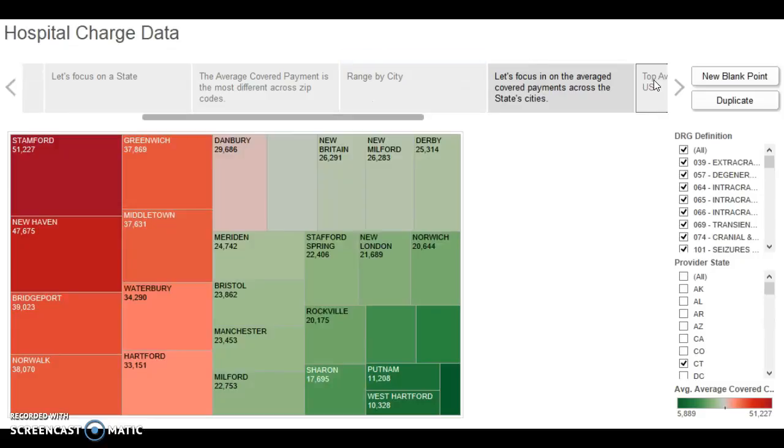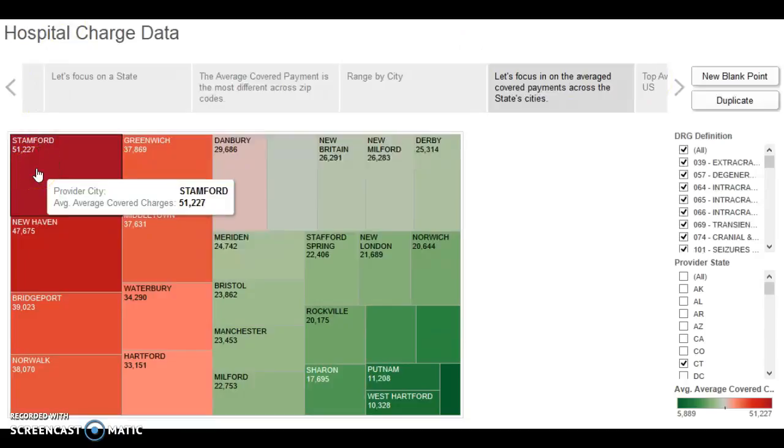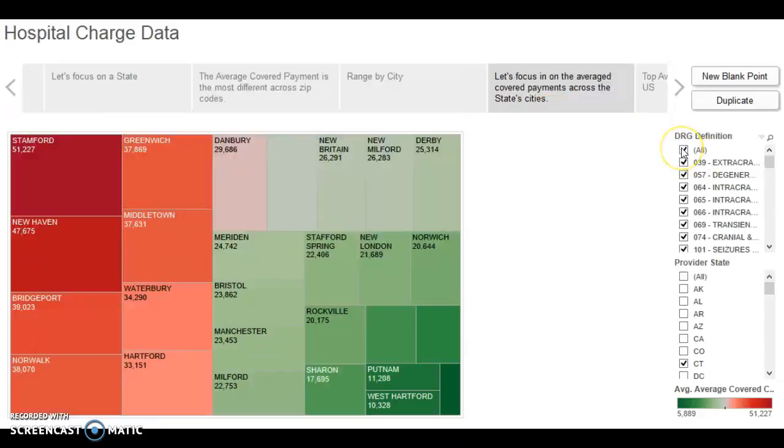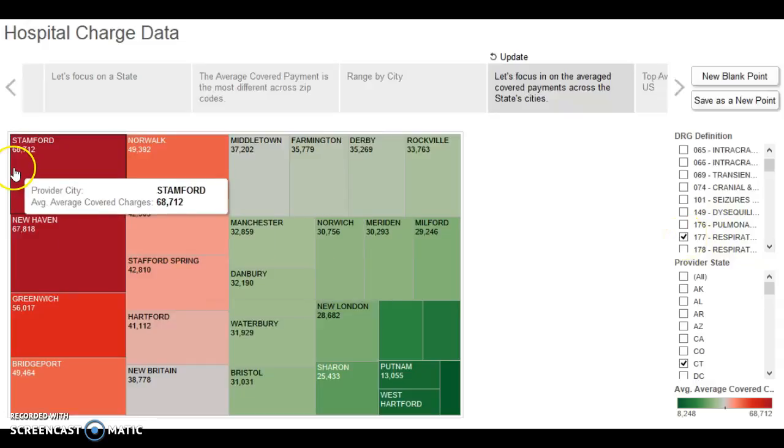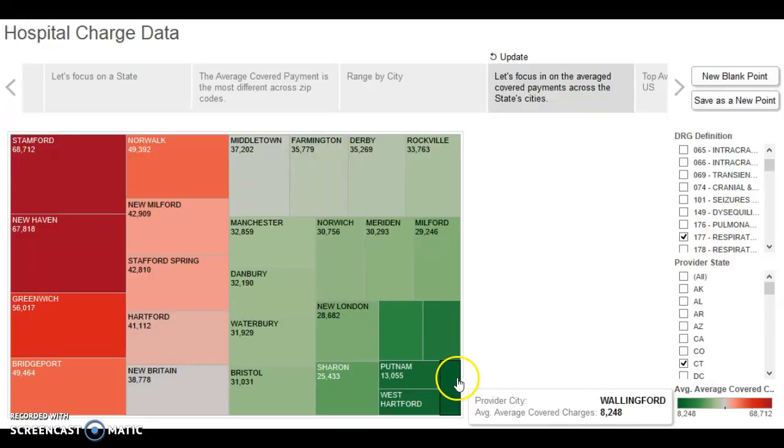And so, looking at it by, alright, so Stanford's paying the average covered charge. Let's again change this so we can concentrate on our 177. Stanford is at close to 70,000, while down here, Wallingford is 8,000.